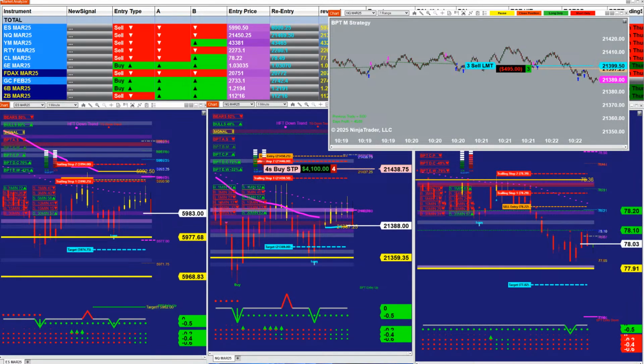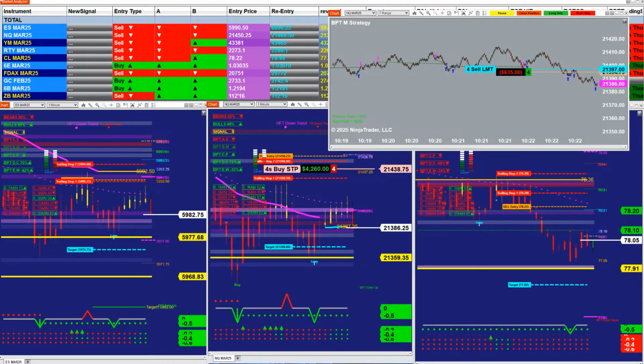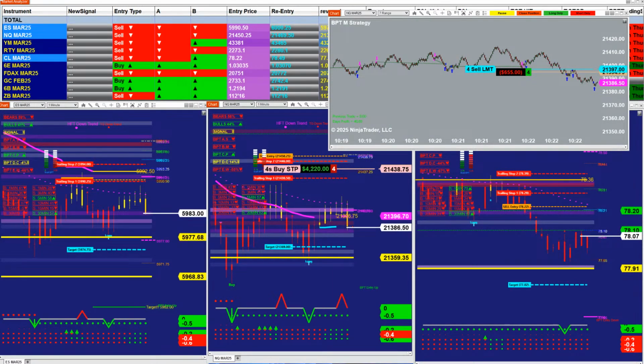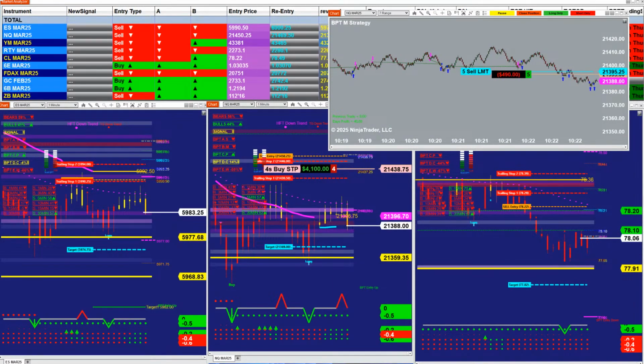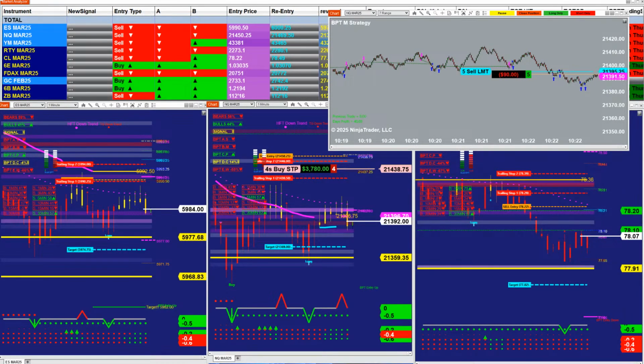In those conditions, I don't like to auto trade, because the market is going back and forth, and this is not good. It's trying very hard to get the average price and get out of a bad trade.